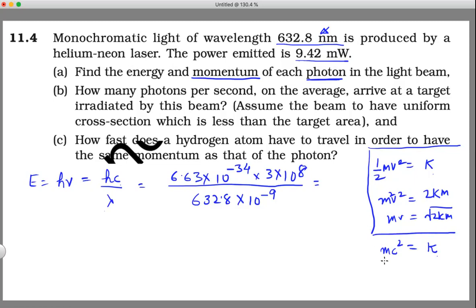So how do we find the momentum? Momentum in case of the photon is h by lambda.